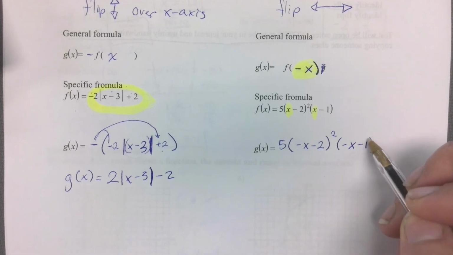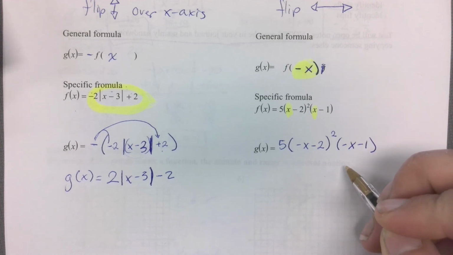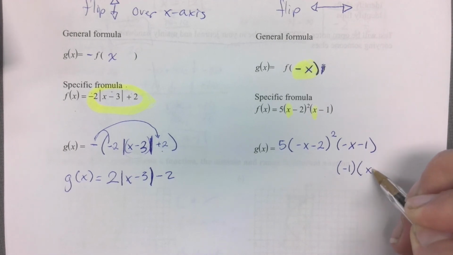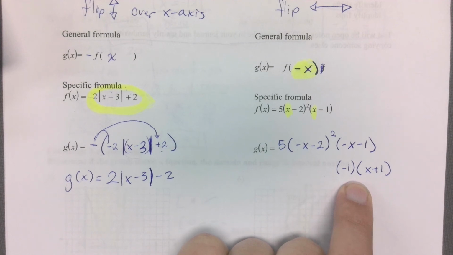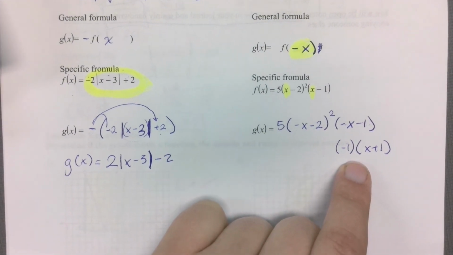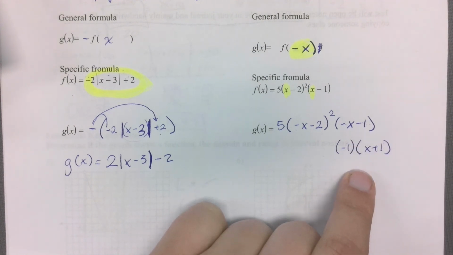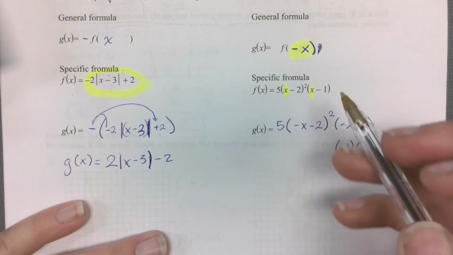Okay, what's going to happen is on this one, we're going to think of this as -1 times x plus 1. Are you okay that this is that? Are you okay that if I multiply that, they would make them both negative? It distributes. Yeah.